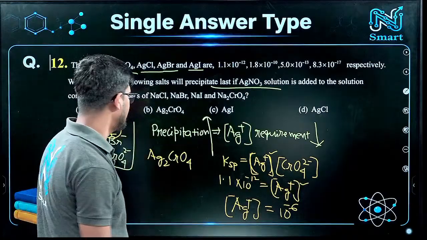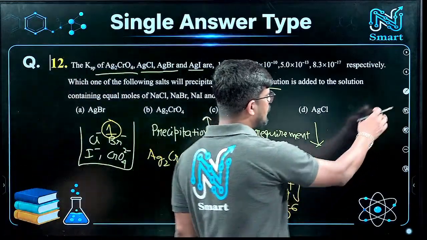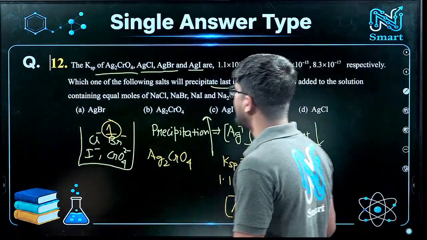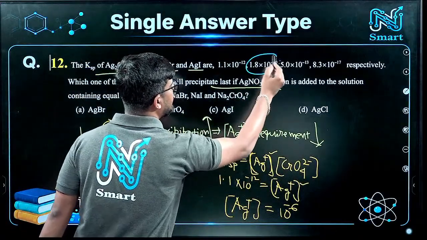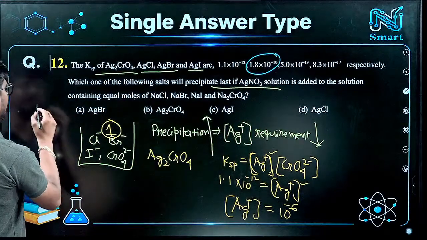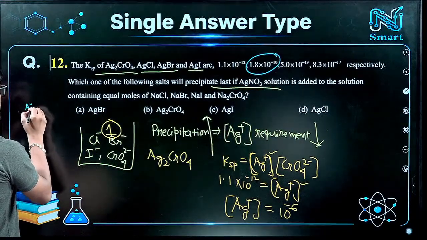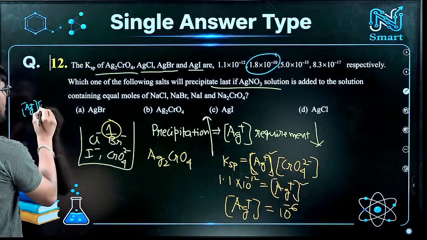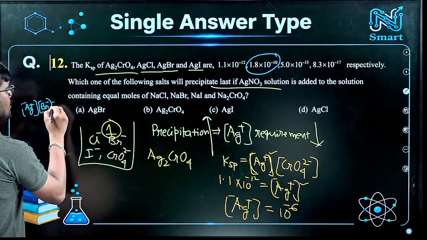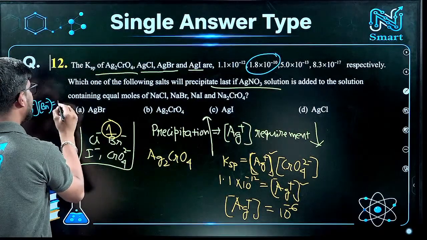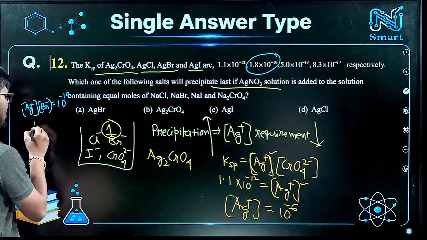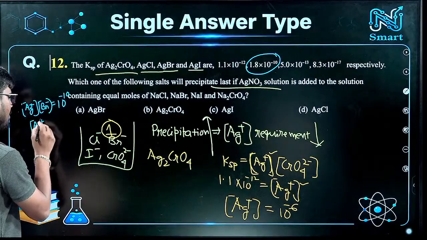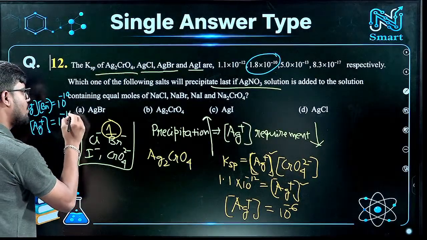Now if you consider AgBr, what is the KSP value? For AgBr, it is 10 to the minus 10. So for Ag plus and Br minus, what is the order? 10 to the power minus 10. Here Br minus is unit concentration, so the Ag plus concentration requirement will be of the order 10 to the minus 10, correct?